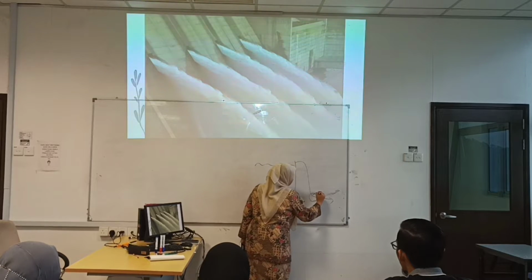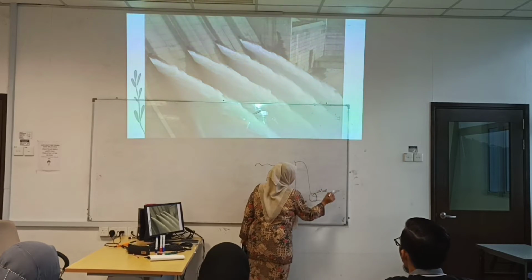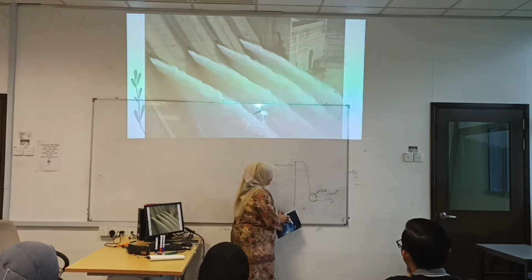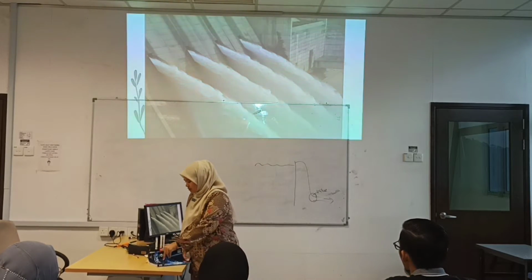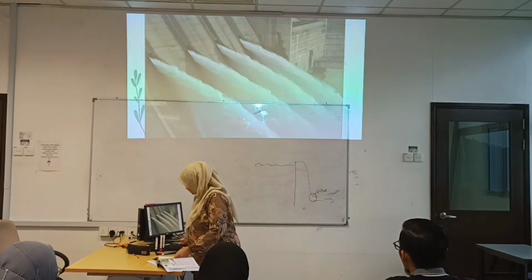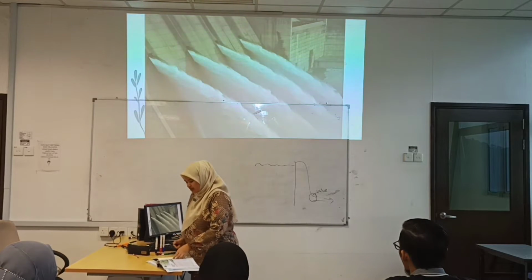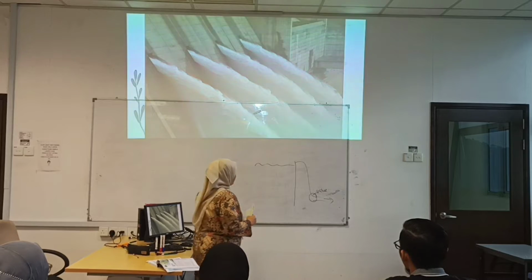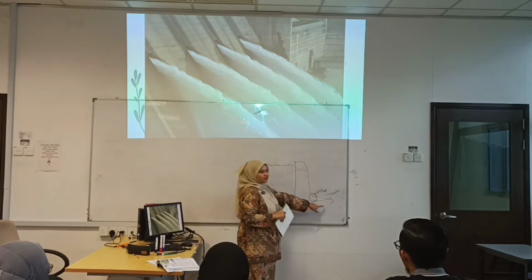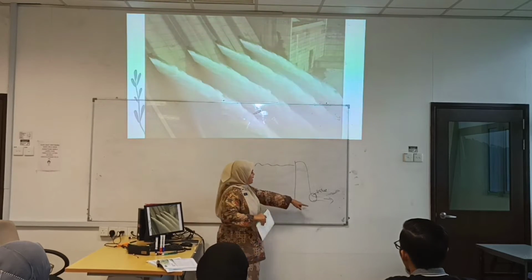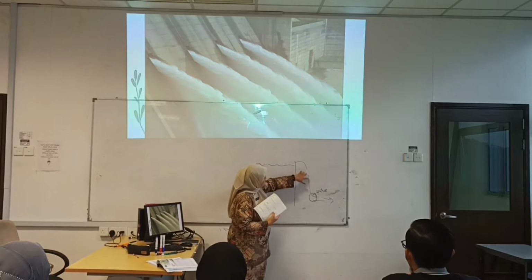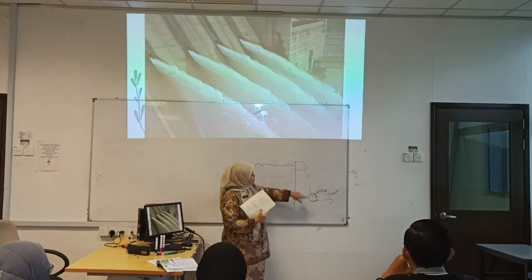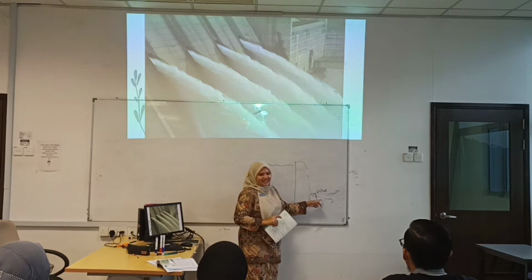Somewhere around here, we'll have the valve to control the water discharge. So, do you know why the outlet of the water is near the base of the dam? Do you know why the outlet is not located here or here? Why is the outlet located at the base?